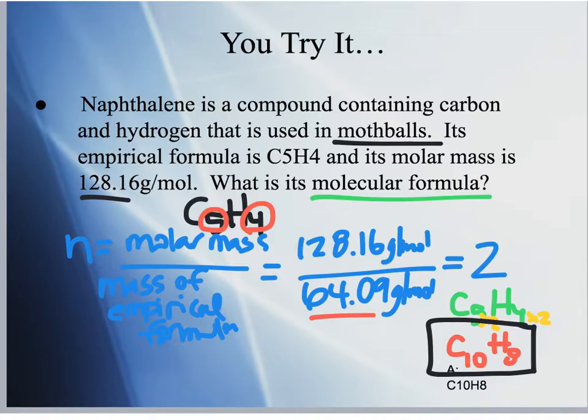So this is the last slide, the last thing in this lecture. So we've learned about using the chemical formula and the atoms in it over the actual chemical formula as a conversion factor. Okay.